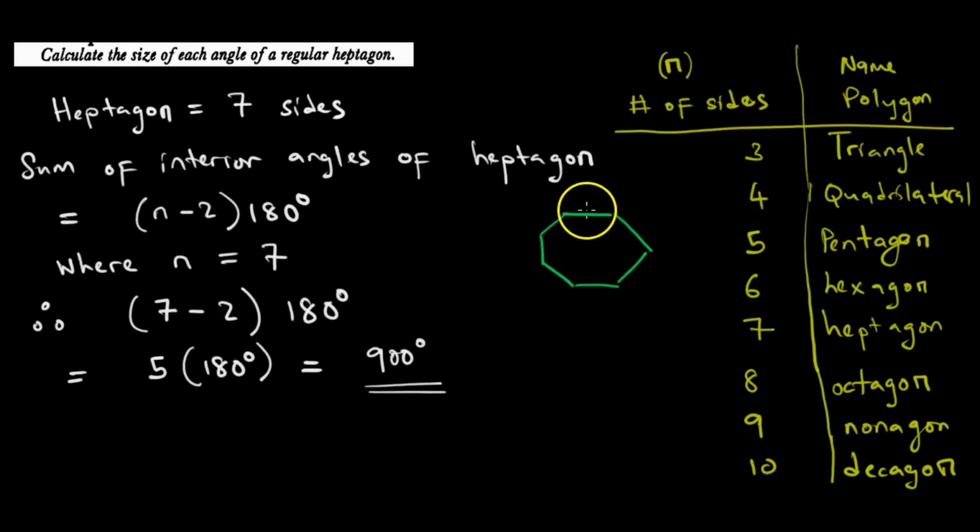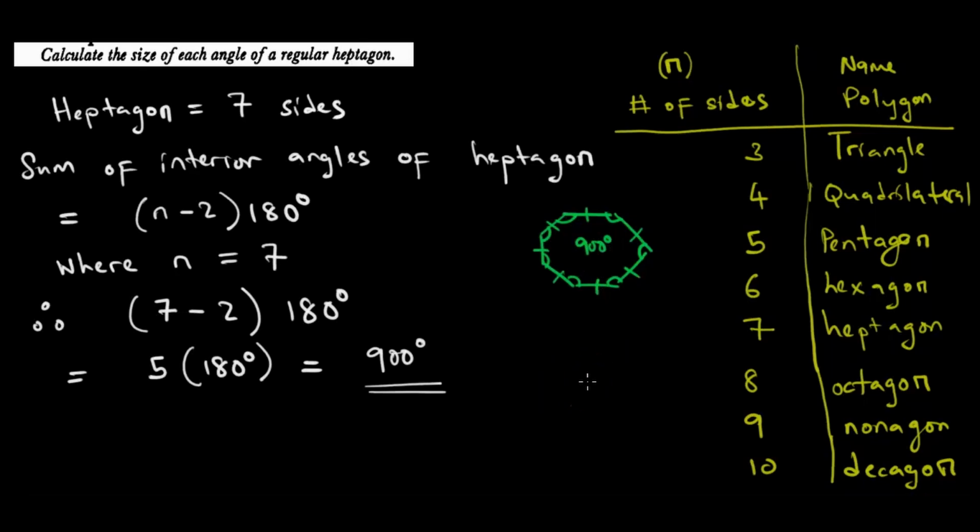So you see, these are regular, meaning they are of the same length. Then we have interior angles, which should also be 7. So 1, 2, 3, 4, 5, 6, 7. Like that. So the 900 is just all the angles, the 7 of them, added together to give 900 degrees.